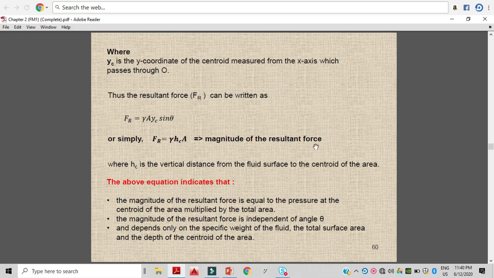So let's move on. We have replaced this, where yc is the y coordinate of the centroid measured from the x-axis which passes through the origin.